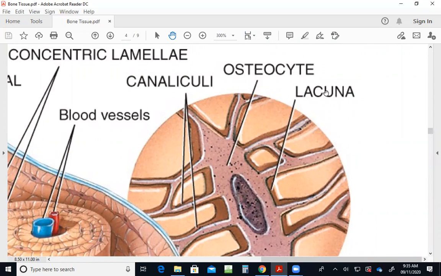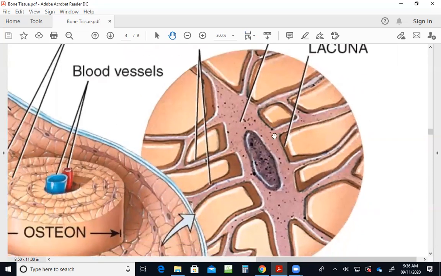Lacuna, which is labeled here, is the space where that osteocyte is located. Lacuna is singular. If you add an E at the end of it, like what's shown there at the top, lacunae is plural. So the cell is located in a space called a lacuna.